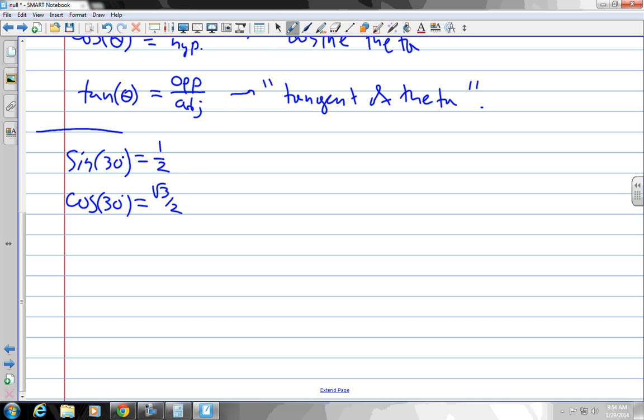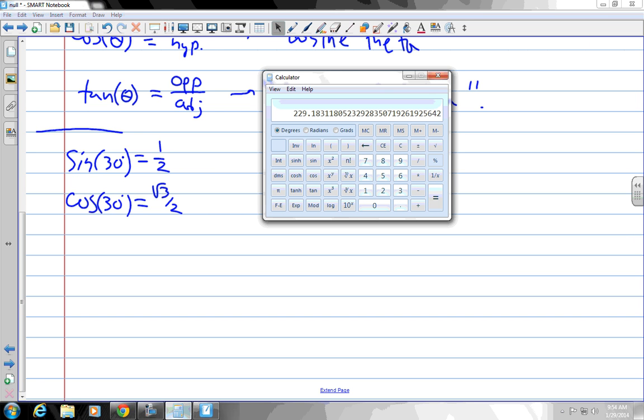Do you see that? If I go back to my calculator, I have to make sure I'm in degree mode. If I type in sine of 30, here's the sine button, it gives me 1/2.